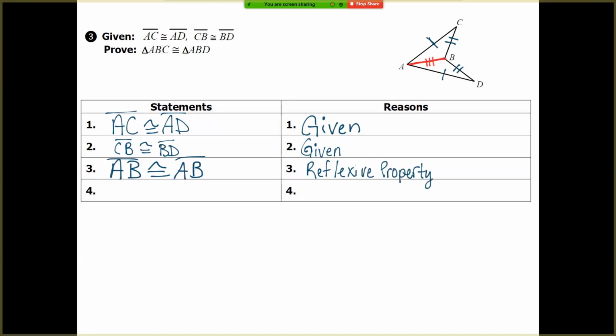I always tell my students to imagine that you're putting a mirror up against something. It's going to reflect the exact same image as the original. So therefore, we've proven that we have 3 sides of one triangle congruent to 3 sides of another triangle. So therefore, triangle ABC is congruent to triangle ABD. And our justification for that is going to be side, side, side.